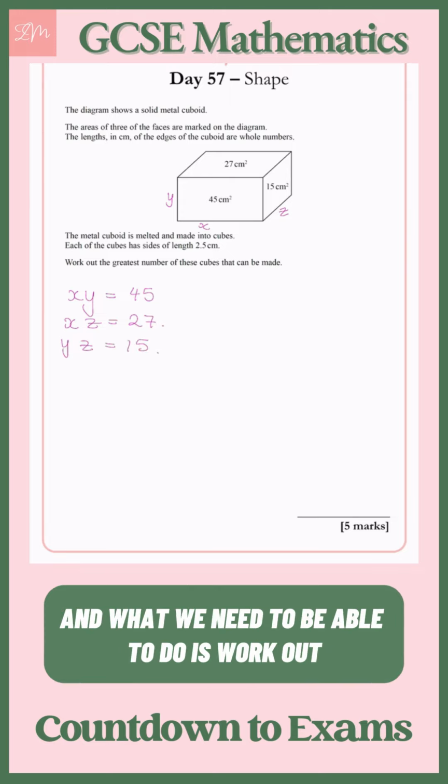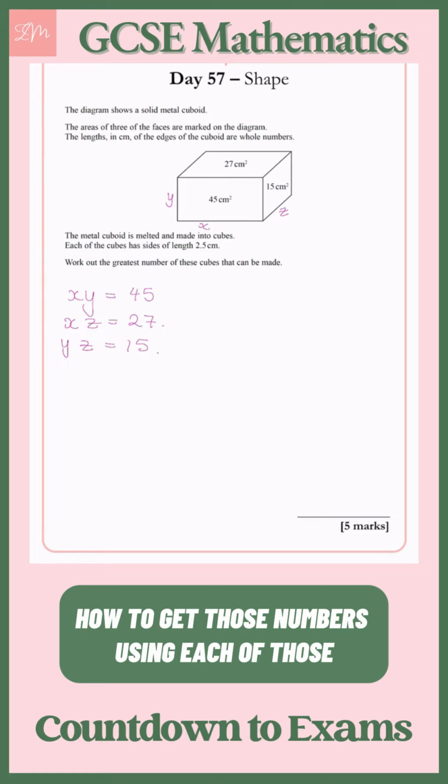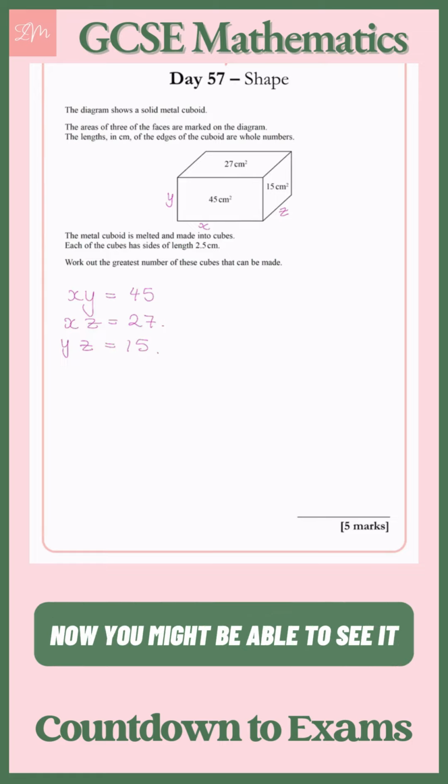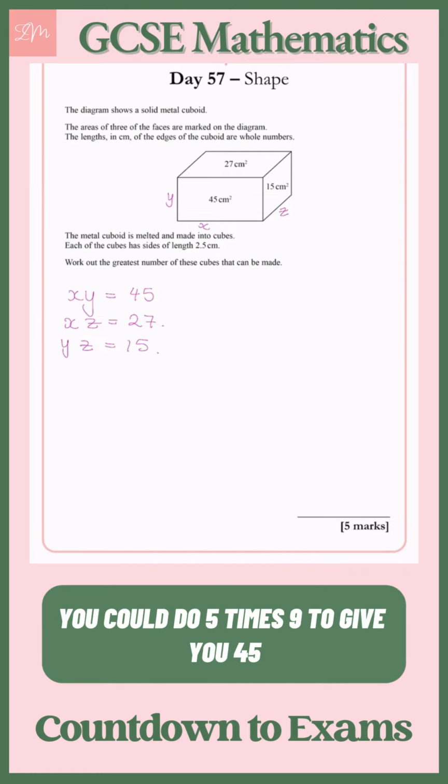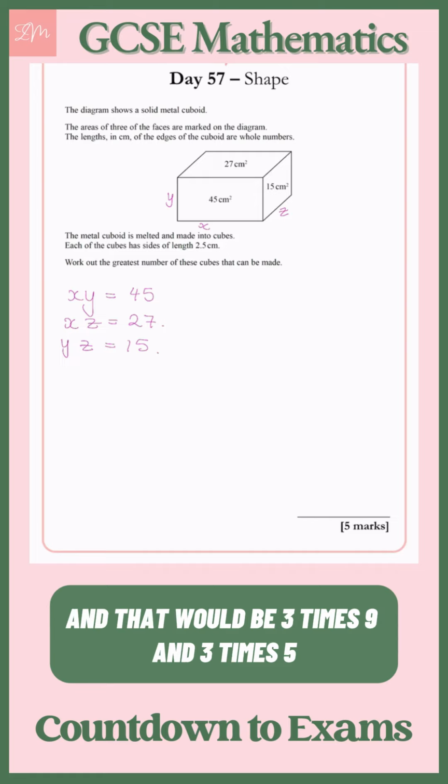And what we need to do is work out how to get those numbers using each of those. Now, you might be able to see it, that for your X's, you could do 5 times 9 to give you 45, and that would be 3 times 9 and 3 times 5.